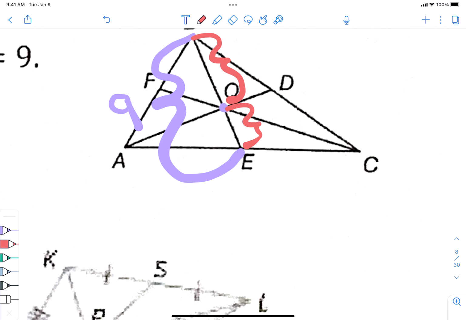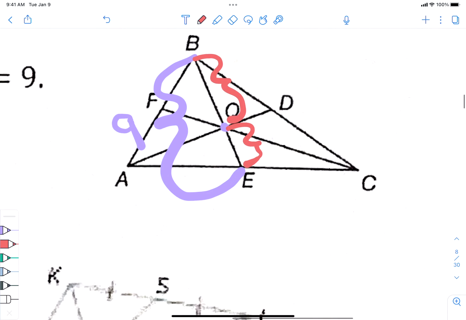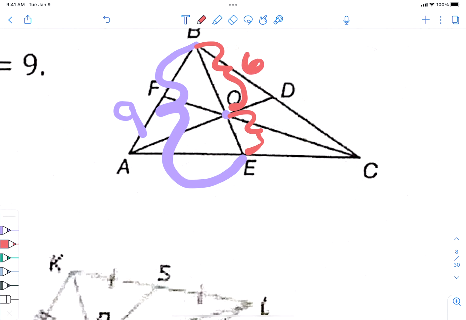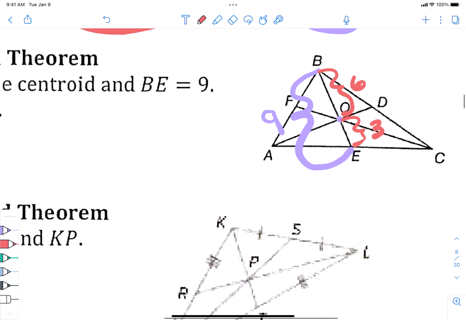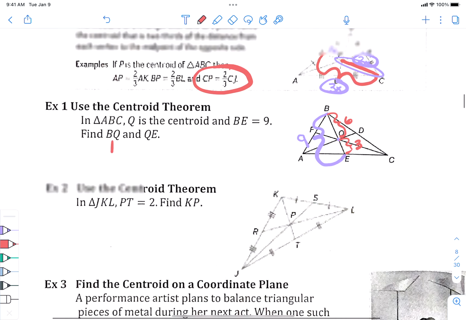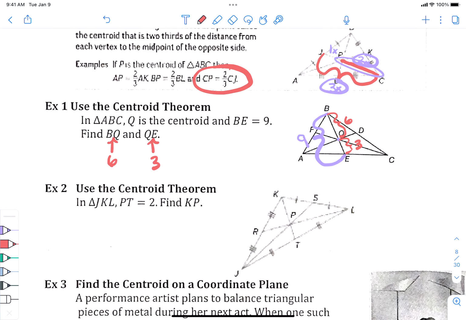And these ones you might just have to plug and play. What two numbers add up to be 9 so that one is double the other? 6 and 3, right? Which one is 6? BQ. BQ is going to be 6. The other one is 3. So I'm going to label them over here. BQ is 6. QE is 3. Make sense? Not too bad. I like these. Centroid's the fun one, I feel like.